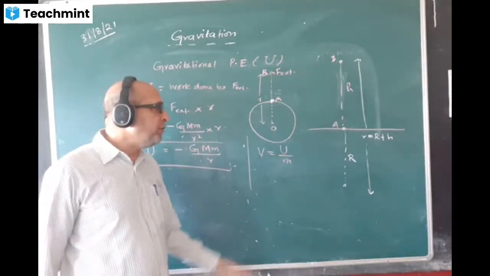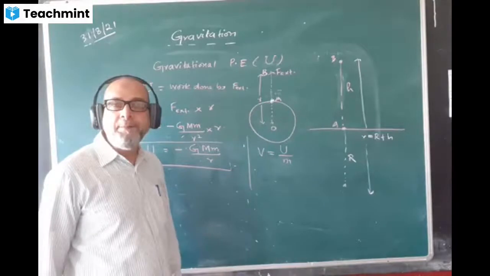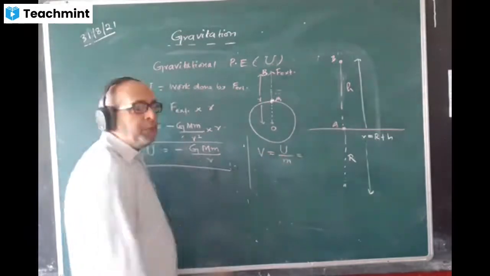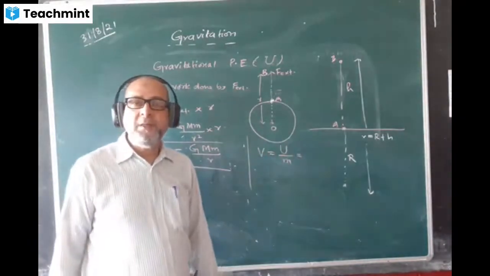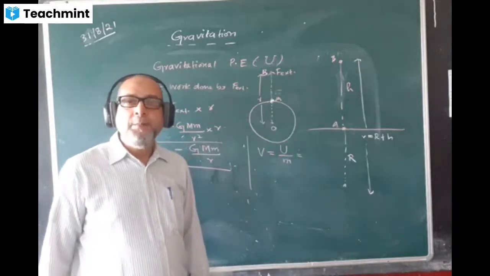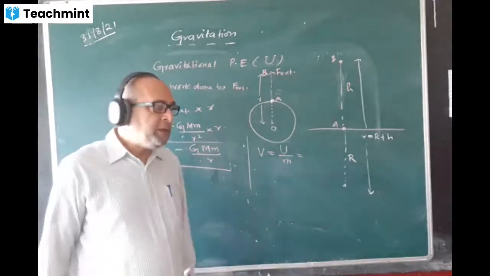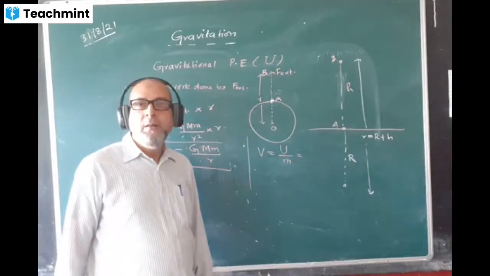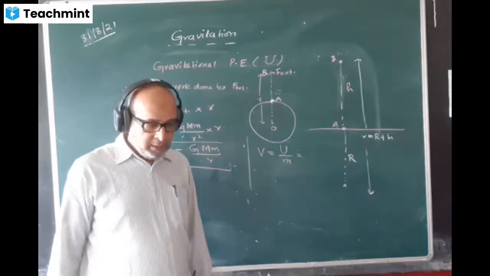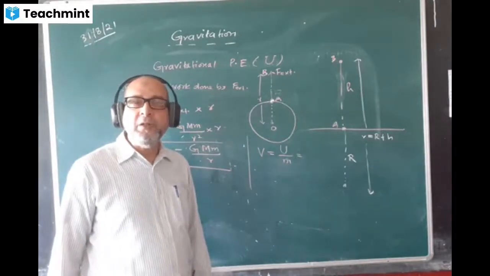Gravitational potential energy per unit mass at a point is called gravitational potential.